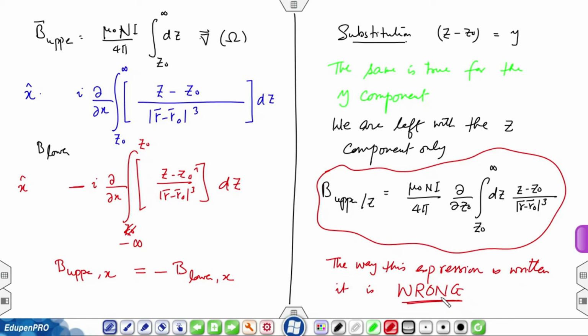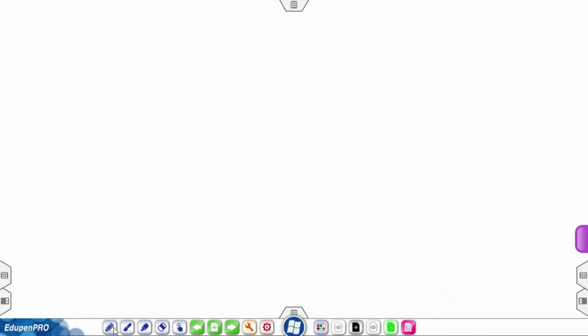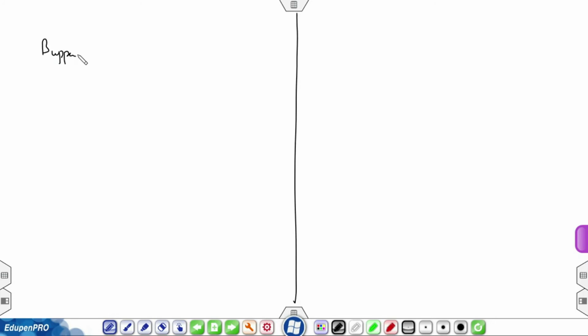Therefore, writing it in this manner is not correct. What the correct expression would be, that I first calculate the field, and therefore, B upper I should write as mu0 n I over 4 pi.